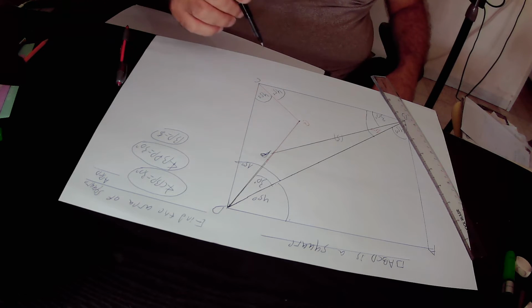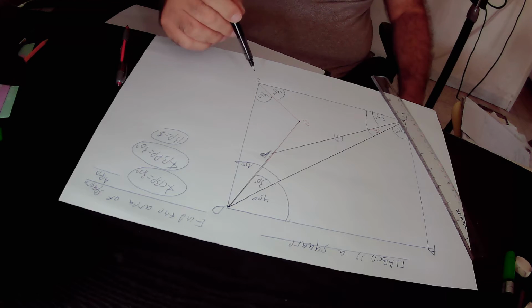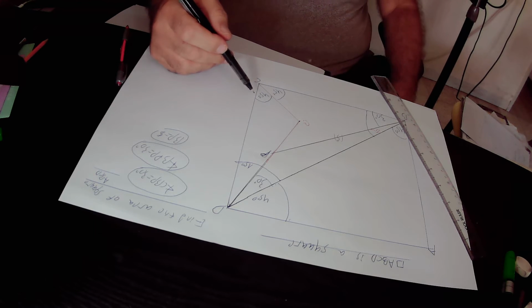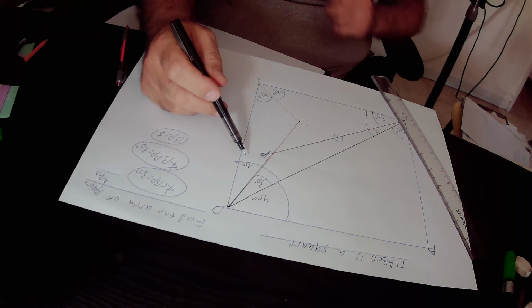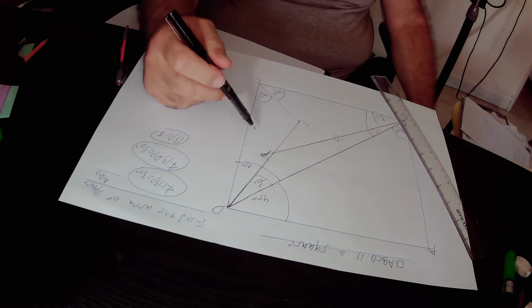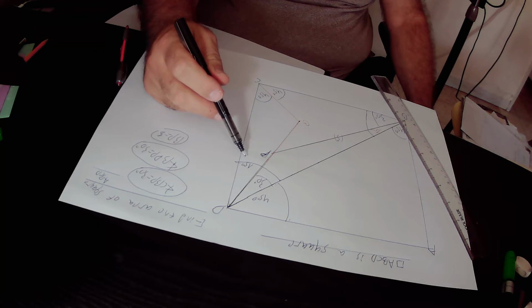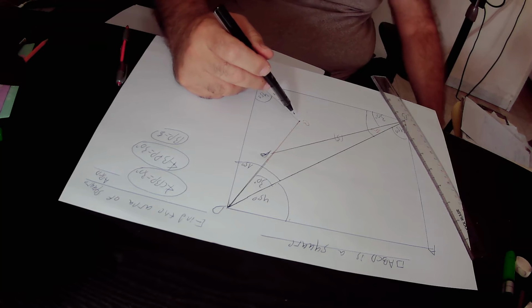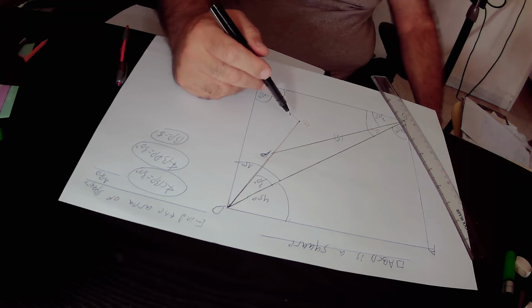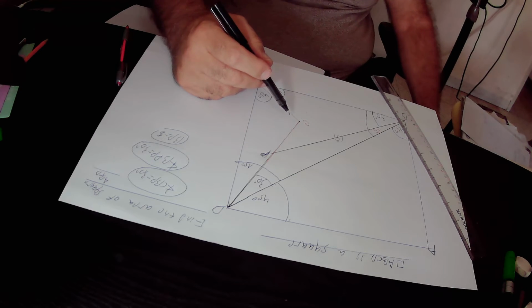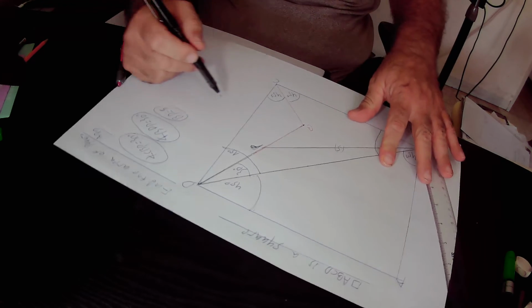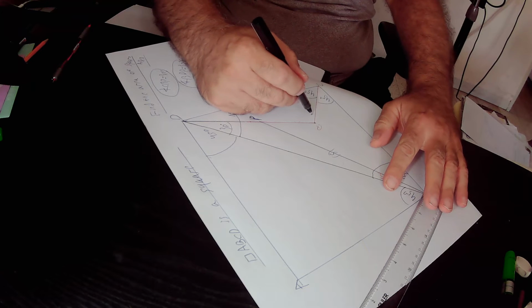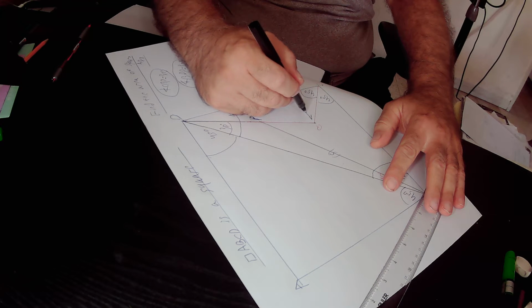In triangle DQC, this angle equals 45 degrees. This angle equals 15 degrees. 45 degrees plus 15 degrees is 60 degrees. And therefore this third angle must be equal to 120 degrees in its size, according to the rule that the sum of the angles in any triangle is equal to 180 degrees.